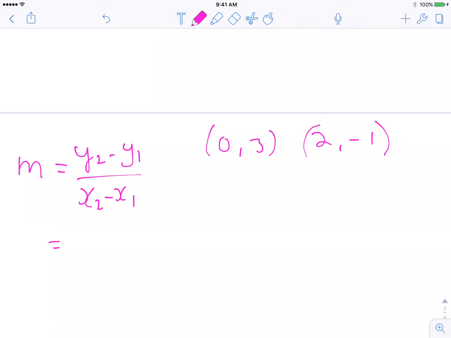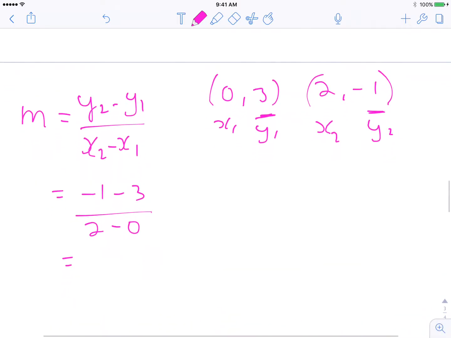So let's say y2 is -1, and that'll be y1. So -1 subtract 3 over x2 minus x1, and that'll be 2 minus 0.